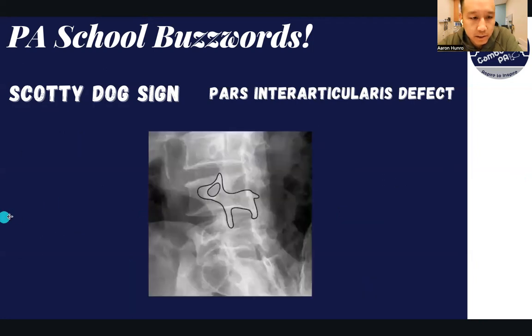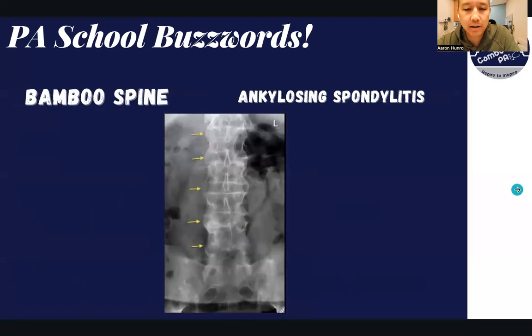All right. So this is that pars interarticularis defect. It looks like a little Scotty dog on the cervical X-ray. I don't see it, but I only see it after they highlight and outline it, to be honest. I've never seen this in real life, but you'll definitely come across this on a PANCE question or an ortho question as well.